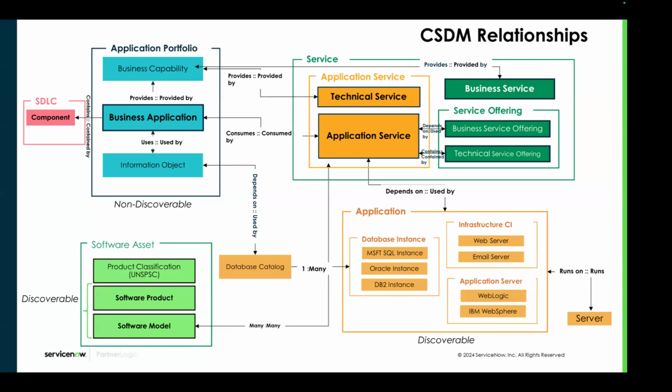We have two types of services, technical and business. You always start from the technical perspective because it is supported by infrastructure CIs. Start from one technical service and then gradually extend to business services. That's my recommendation. Start small, then gradually go to more services.